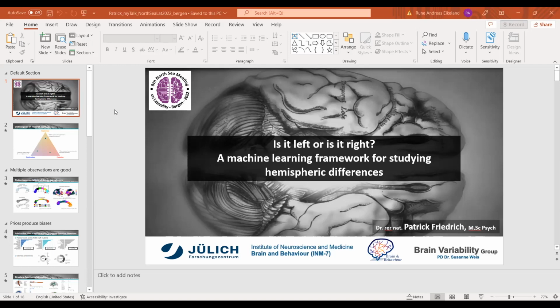Which structure would be the one that defines the hemisphere best? Okay, so what my results here would show, just talking about volumetry, is that what is a left hemisphere is not independent of what is a right hemisphere, right? But we're looking at what differentiates the two hemispheres.